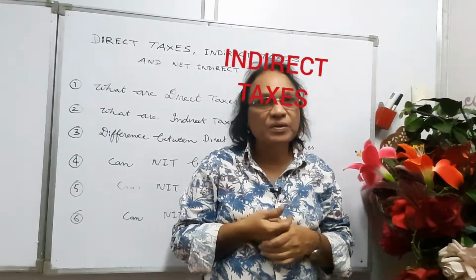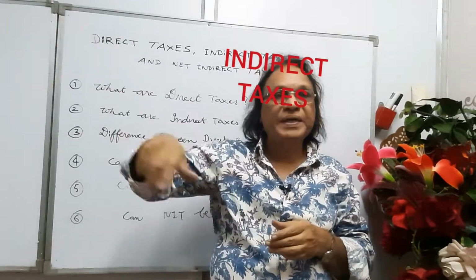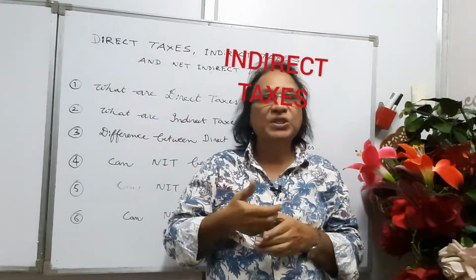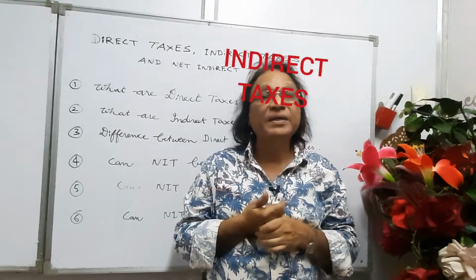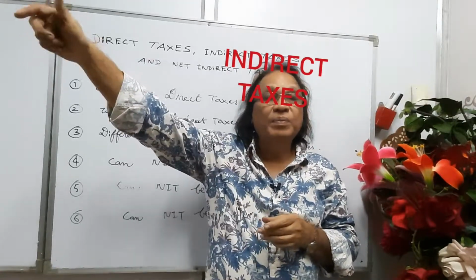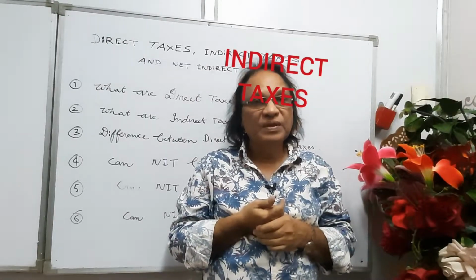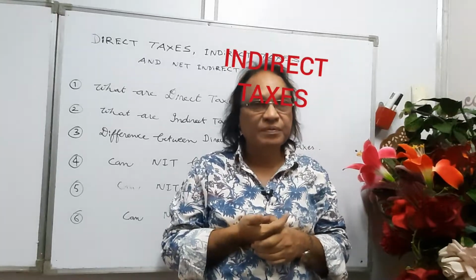What it means is, when you buy a pen in the market, the government imposes GST on the shopkeeper. The liability to pay the GST is on the shopkeeper, but he will pass on GST to you. That is, the burden is on you. So the burden is shifted.